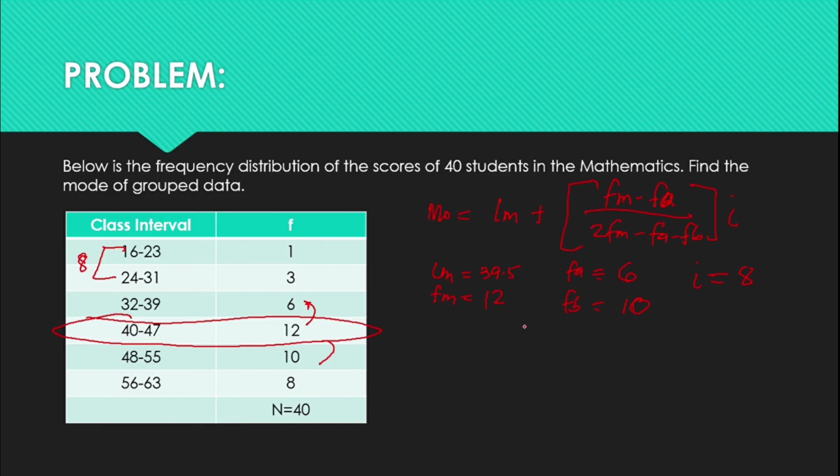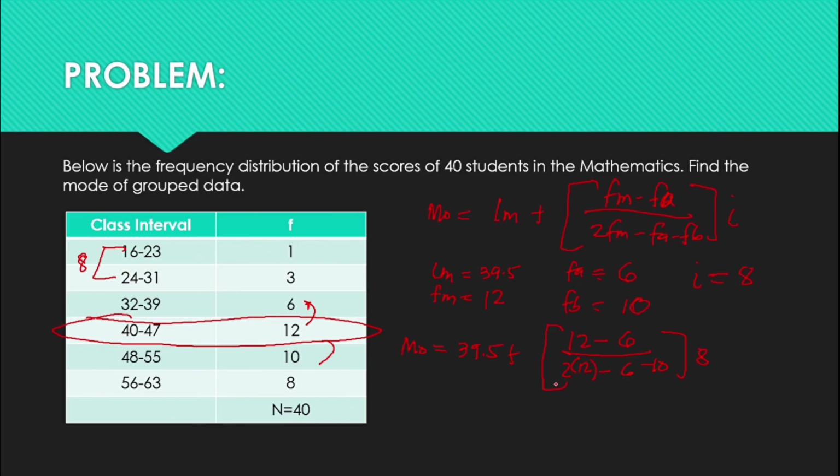Then after that, we are going to substitute in the formula. MO is LM, the lower class boundary of the modal class, which is 40 minus 0.5, which is 39.5, plus FM, which is 12, minus FA, which is 6, over 2 times FM, which is 12, minus FA, which is 6, minus 10, times the interval of 8.